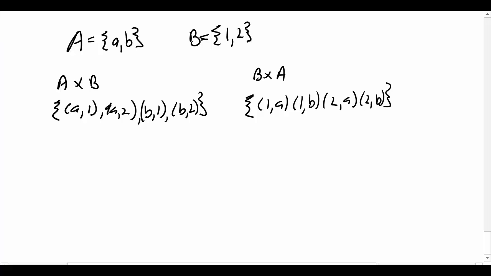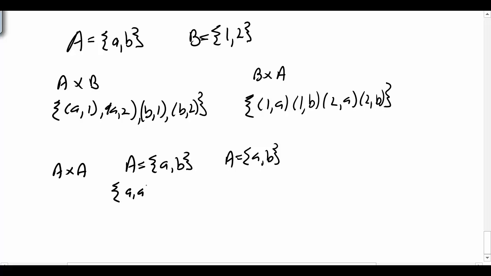We can actually cross ourselves. We can do A cross A. And you're like, what? Can you do that? Yes, I can. So I have set A, it's got 2 elements, and I've got set A, it's got 2 elements. Kind of like we did up top, I've got a partnered with a, and I have a partnered with b.